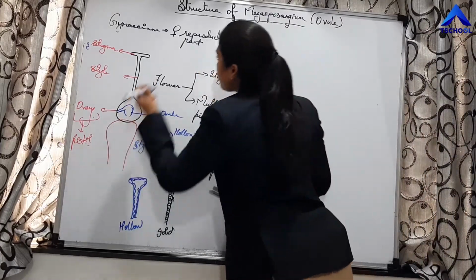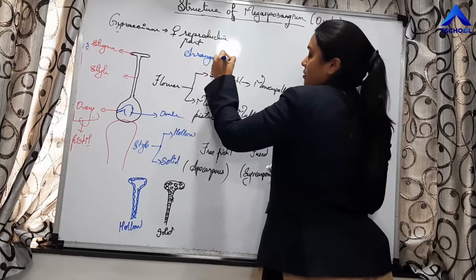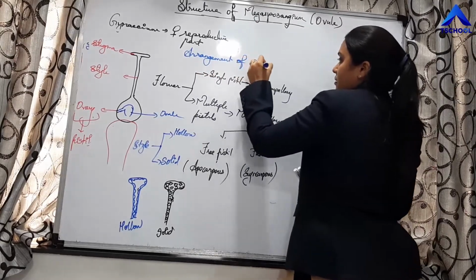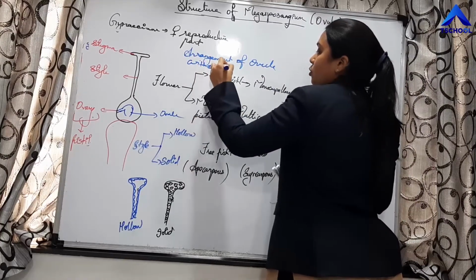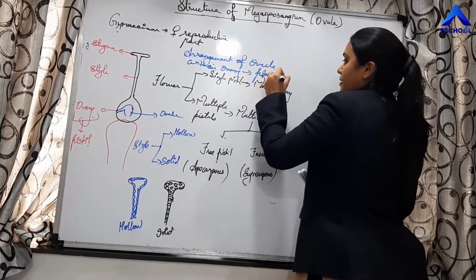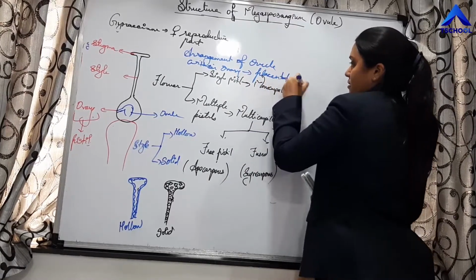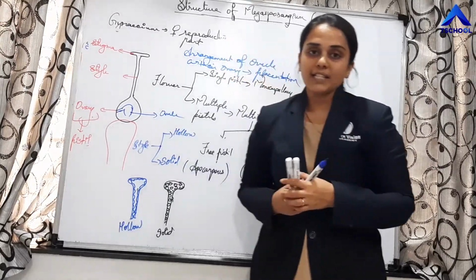The arrangement of the ovule within the ovary is called placentation, right? So how is the ovule arranged within the ovary? That is called placentation.